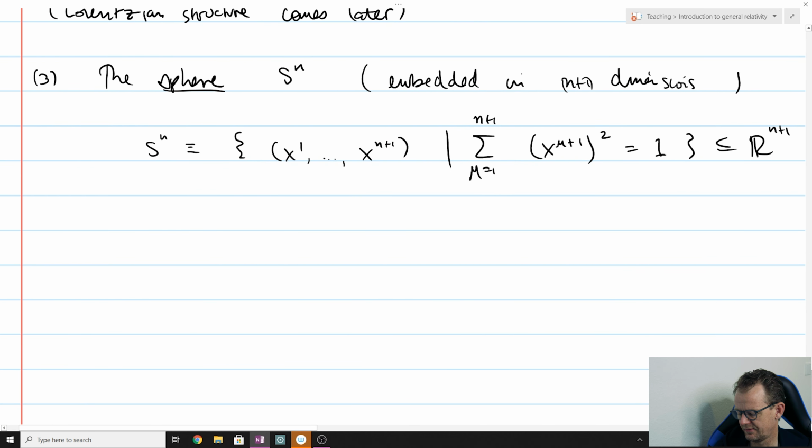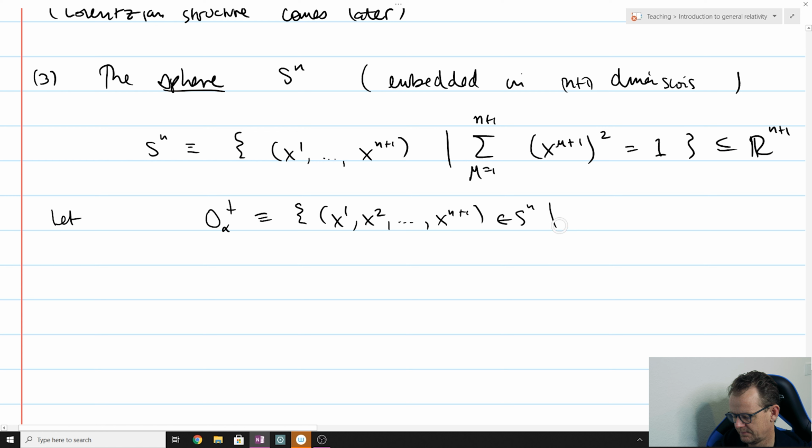Now that doesn't make it a manifold, just writing it as a subset of Rn+1 certainly does not make it a manifold. At the moment I haven't presented to you any way of covering this set, I don't know what the coordinate systems are and so on. So we have to introduce that structure before we're allowed to call this a manifold. And so we are going to introduce a bunch of charts and then leave a lot of this as an exercise for you to confirm.